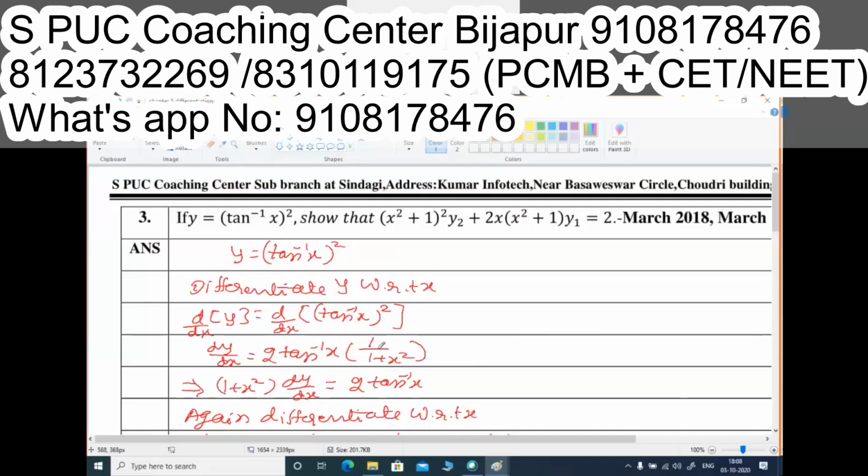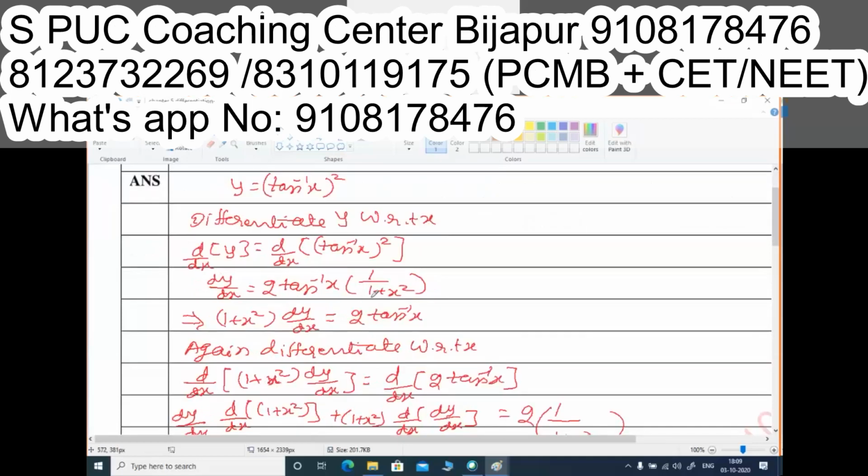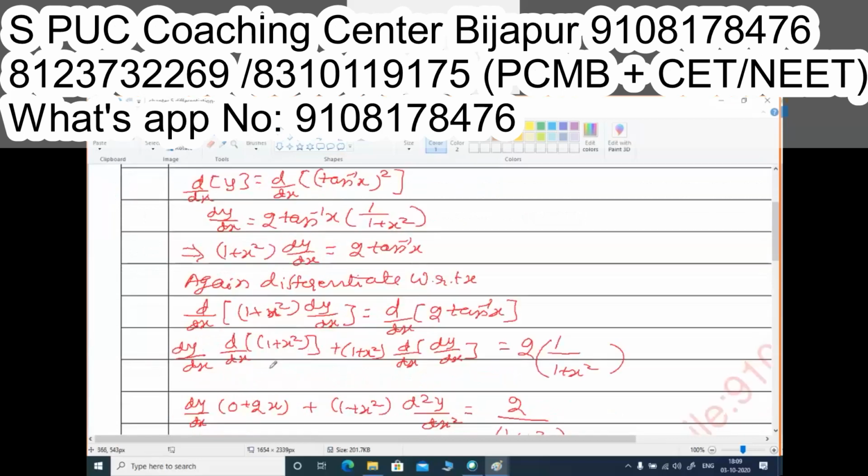Next, tan inverse x differentiation is 1 plus x square, either x square plus 1 you write, or else 1 plus x square, no problem. Then you just cross multiply this on this side, you are going to get this equation. You again differentiate this with respect to x. This is in u into v form, that is product form.